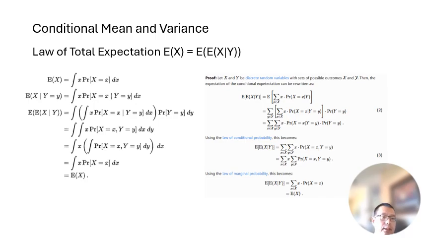The left side is the continuous case. The right side is the discrete case. This will not be tested in the exam, but I think you need to understand this because it is fundamental for some of the calculations.